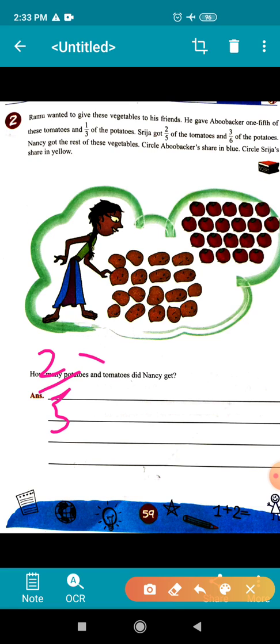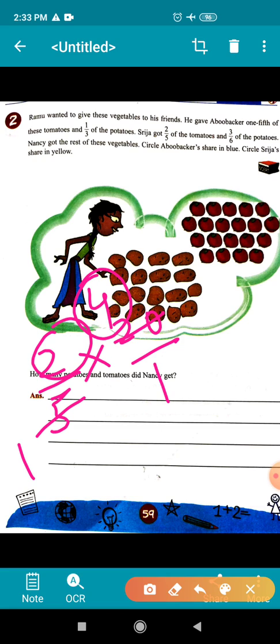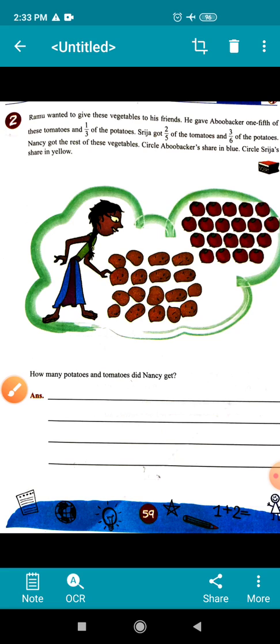So 2/5 of how many tomatoes? 20 tomatoes. When you solve, it is reduced by 5, and these two numbers are multiplied together, and we get 8. 8/1. It means Shiza is getting 8 tomatoes, right?